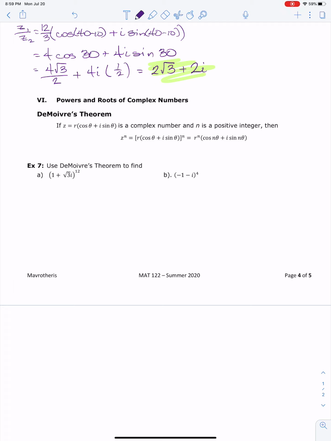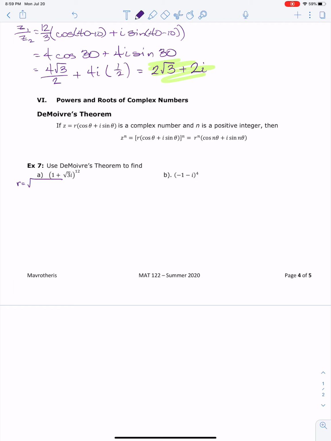So if I'm raising something to the nth power, I'm going to take that modulus and raise it to the nth power, and then each of those arguments are going to be multiplied by n. They're going to happen n times. So for A, it's got to be written in polar form first. So let's see what we got here.